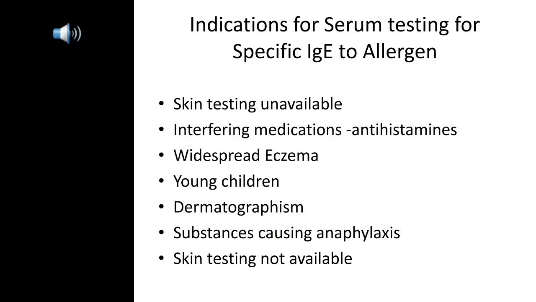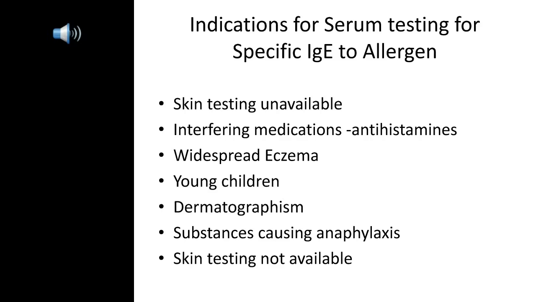Now, originally what happened is that specific IgE to allergen was a secondary test to skin testing when skin testing was unavailable, when there was interfering medications or eczema, and also with young children and dermatographism and anaphylaxis. So originally, skin testing was the gold standard, and specific IgE to allergen was a secondary test.